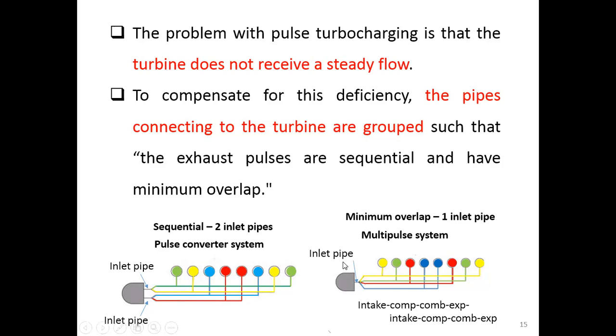So the exhaust will flow in sequence here with the minimum overlap that can occur. Minimum overlap means there is some overlap, but the overlap is so small, and this overlap will not affect the performance of the turbine shown here.